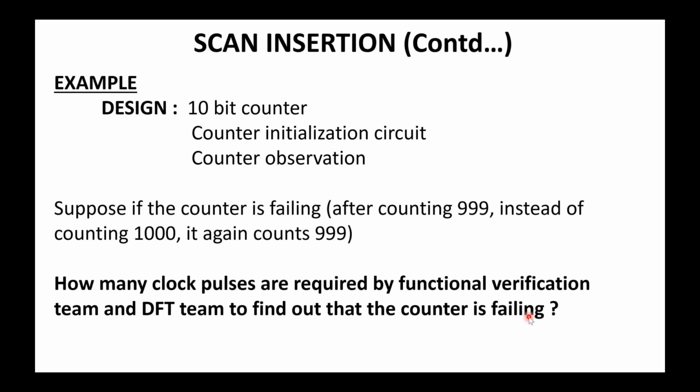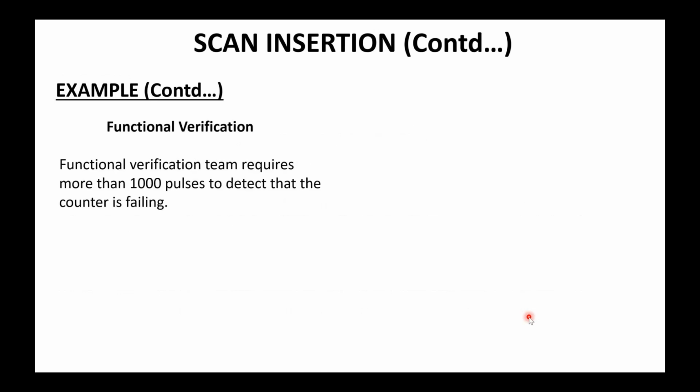So the functional verification team, as I told in the previous slide, are going to check the functionality of the circuit. In our example, the counter is actually failing at the 1000th pulse: instead of counting 1000, it is counting 999. As the functional verification team is checking the functionality, the counter has to count till 1000. Only then will they be able to tell that at the 1000th pulse the counter is still counting 999 and the counter is failing.